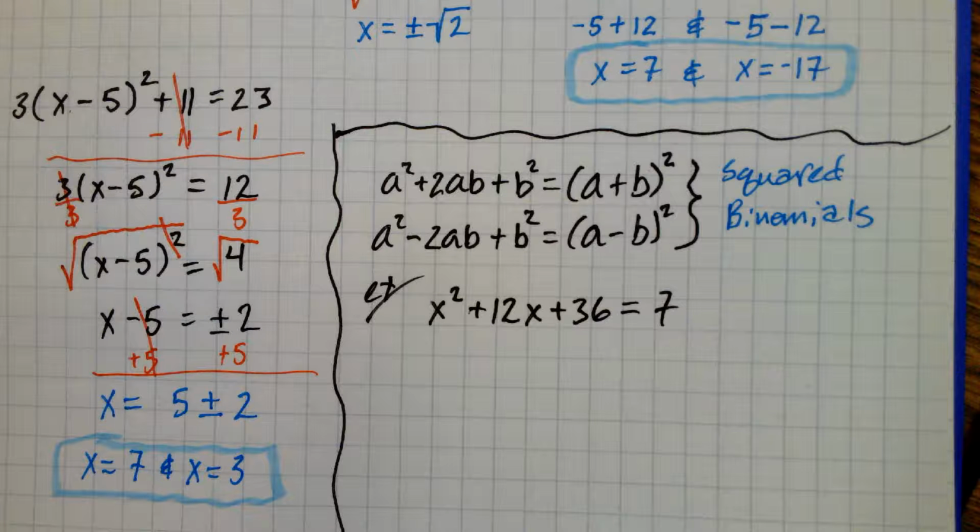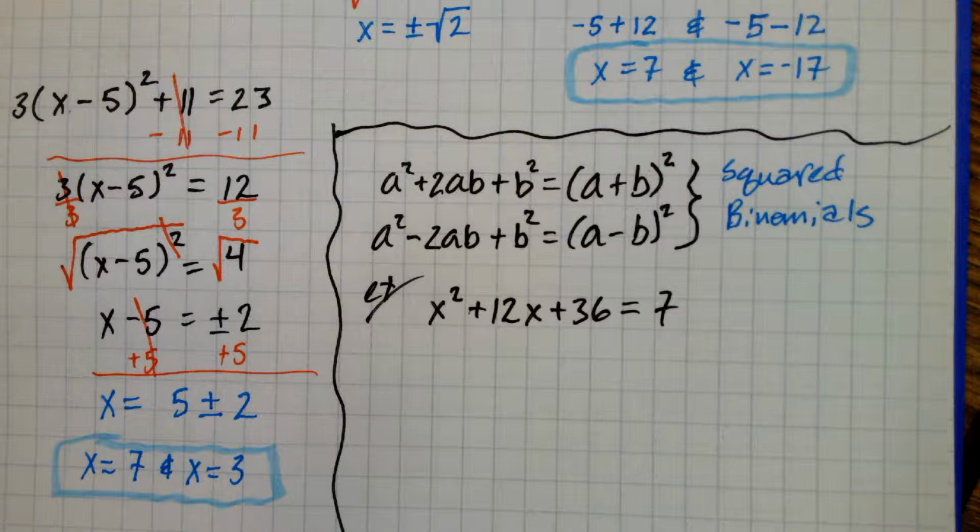Are there two numbers that multiply to 29 and add up to 12? No, right? Because 29 times 1 is the only thing that factors into 29, and it's not going to give you 12. So we can't solve it by factoring, but we can solve it.